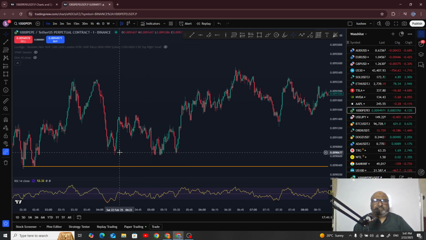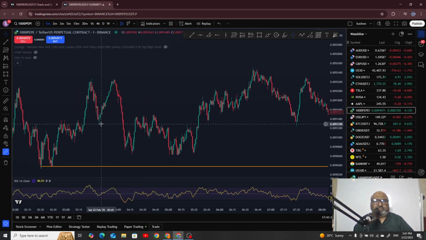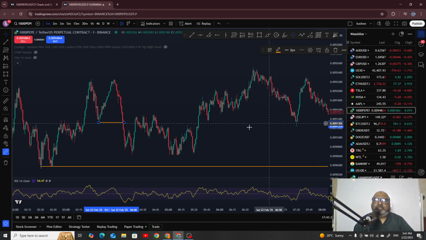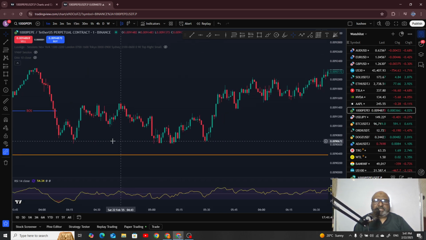Okay, here the market has gone to the downtrend. M1 break of structure towards downside. Okay, what has happened here?